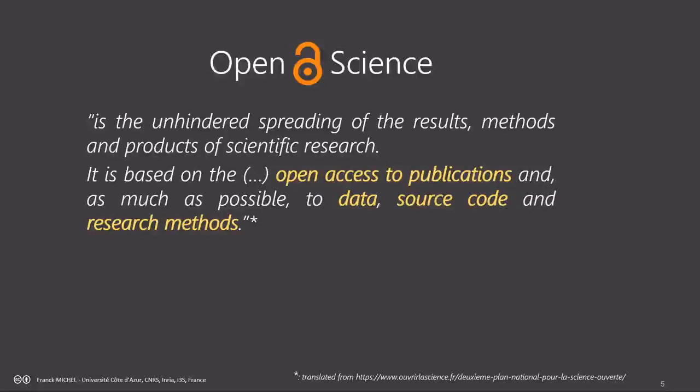So, in other words, what it says is that articles, data, and code, that is the software we produce, should be accessible publicly under open licenses. To make them open, they should be made findable, accessible, reusable. And when I say that, of course, you think about FAIR.